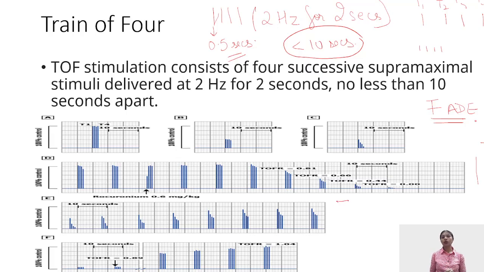And the ratio that you all use is the TOF ratio. See, this is how the fading is occurring. You have given the train of 4 stimuli, and eventually the amplitudes of all the 4 stimuli are different from each other. The train of 4 ratio is T4 upon T1.